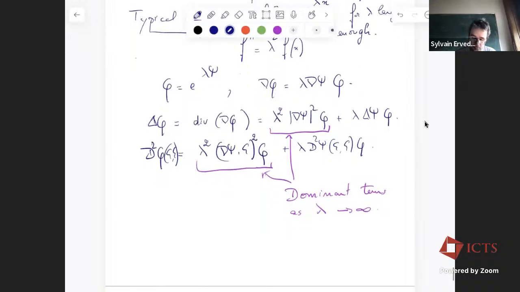And then it's only a matter of computation, for lambda large enough.